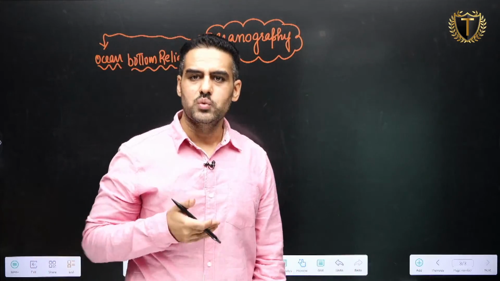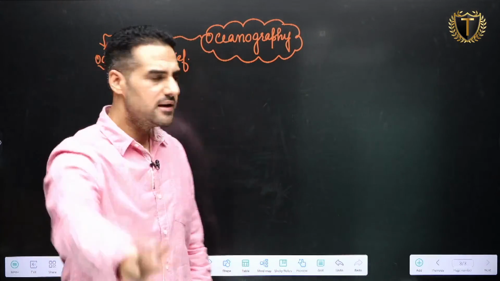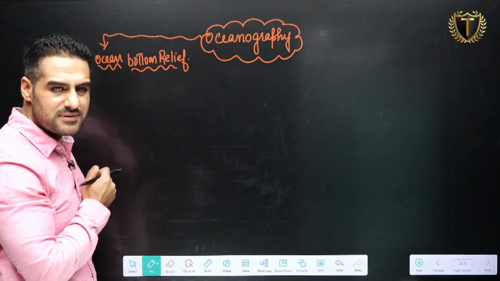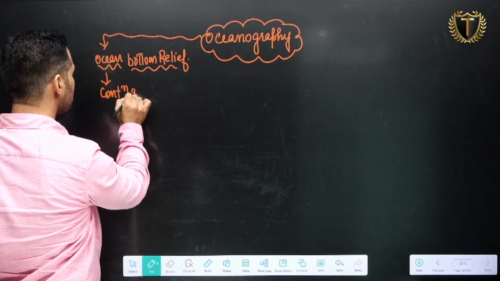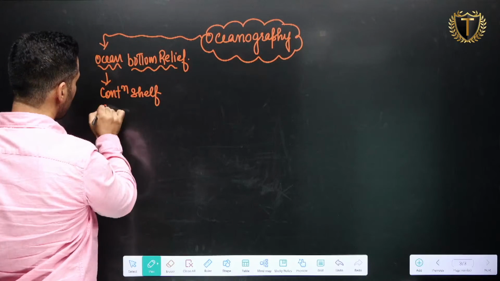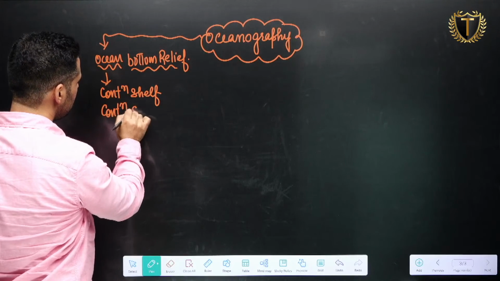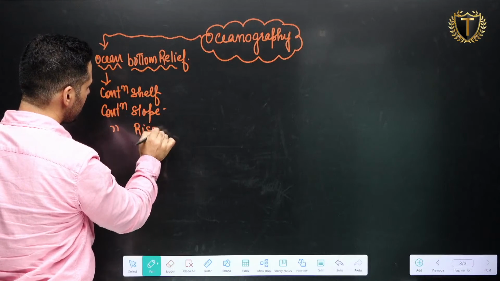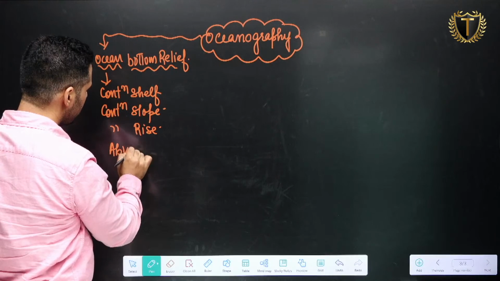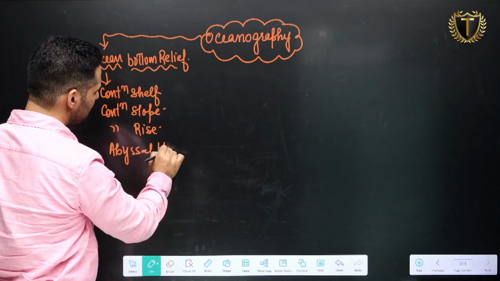As you move from land towards the sea, on your journey towards the sea, you will find different reliefs there also, like the continental shelf, continental slope, continental rise, and the abyssal floor, or we can call it the abyssal plain.